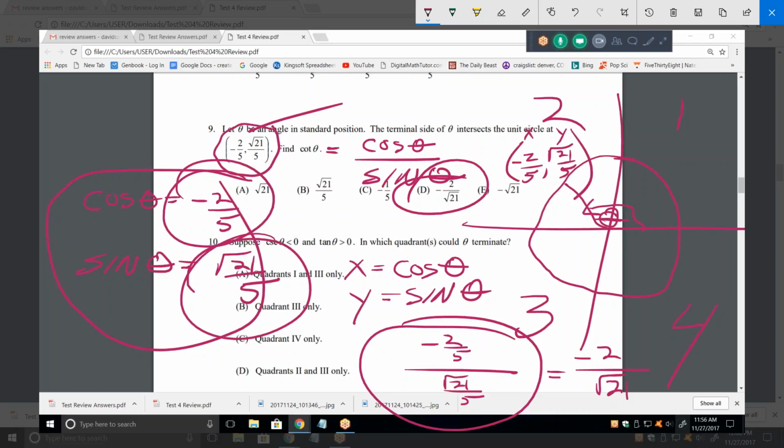Normally, it would be very rare to see an irrational denominator in a multiple choice question. It just is not common, because math kind of teaches you that you always have to have a rational denominator, but not with trig. And there's a reason that most trig teachers don't insist upon that. It's because trig is all about ratios. So you frequently have an irrational denominator in a ratio. They don't care, because if that's the cotangent, that means the tangent is root 21 over negative 2.